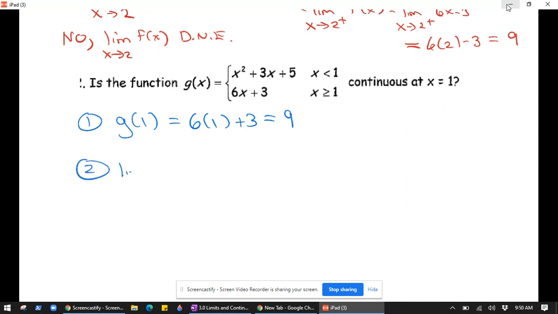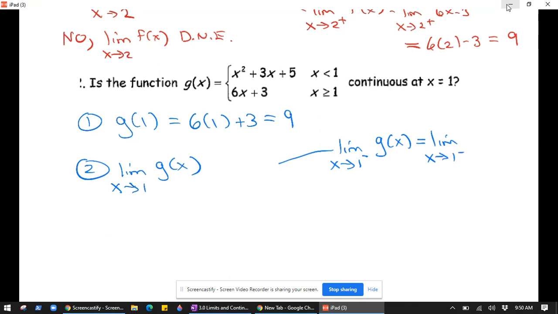We test the limit as x goes to 1. So let's see, we have to test both sides now. Let's go over here and test from the left. The limit as x goes to 1 from the left-hand side of g of x. The function is x squared plus 3x plus 5 on the left-hand side.